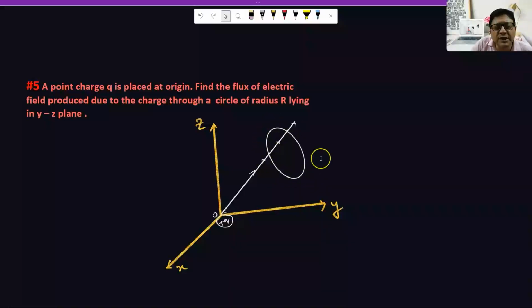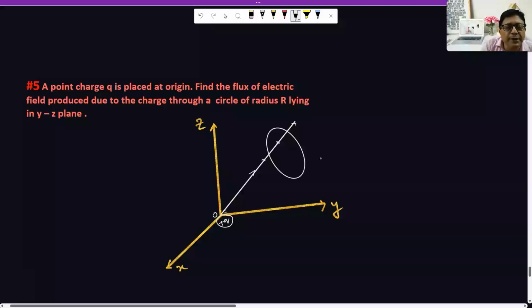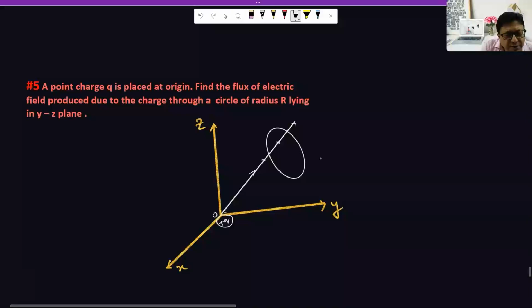So on this circle area, when you are going to find electric flux, you have to take care of this part. At every point, field direction is different. So at this point, if we take electric field strength as E, then if we take a small area, it will be E dA into cos theta. That area element may not be directed along the direction of field. Area element is always perpendicular to the surface.